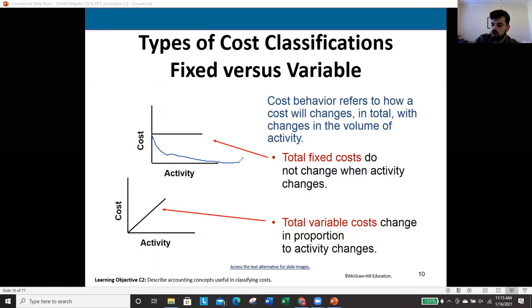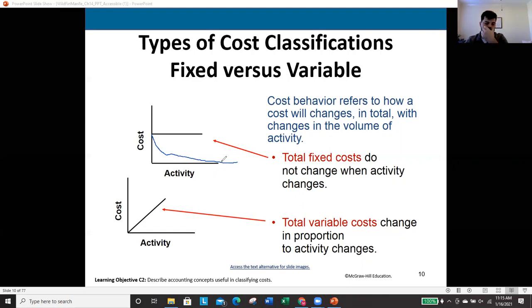Because as you produce more and more units, you're having to cover less and less fixed cost with each unit. So if you produce 1 unit, you have to cover 100%. But if you produce 10,000 units and your fixed costs are $10,000, you only need to cover $1 in fixed cost per unit. So in total, fixed costs are constant. But on a per unit basis, fixed costs decrease as production increases.